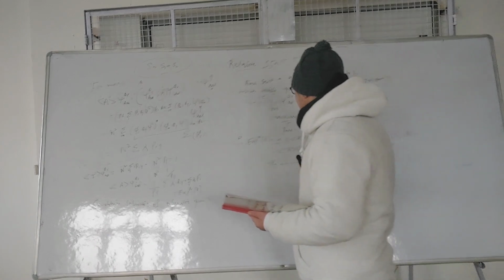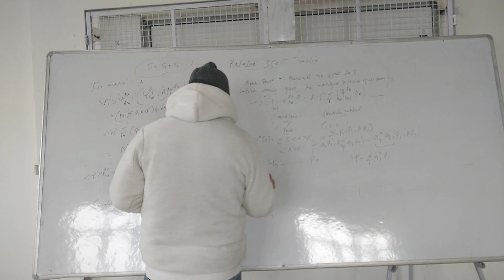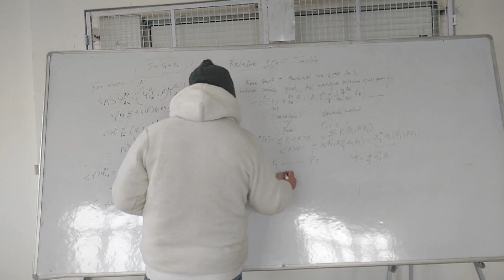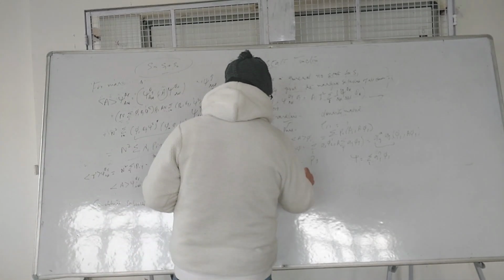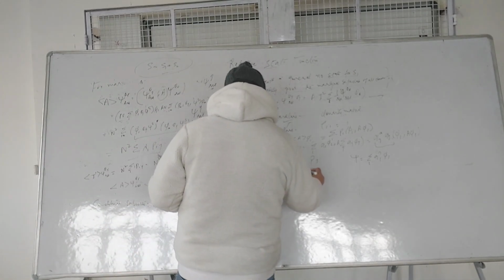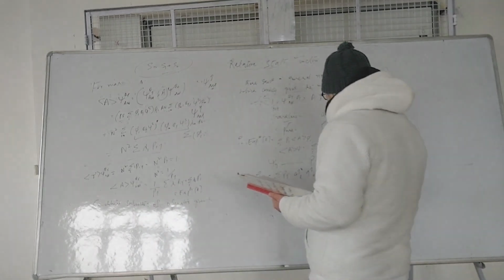So we can now define a density matrix, rho_kl, as the sum over j of p_j a_jl star a_jk.